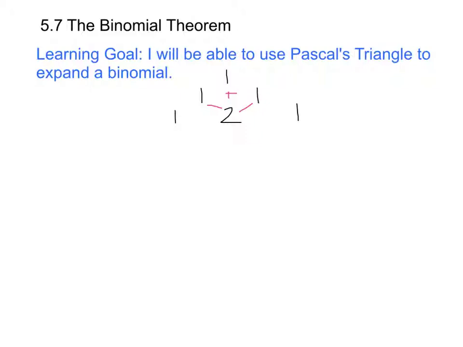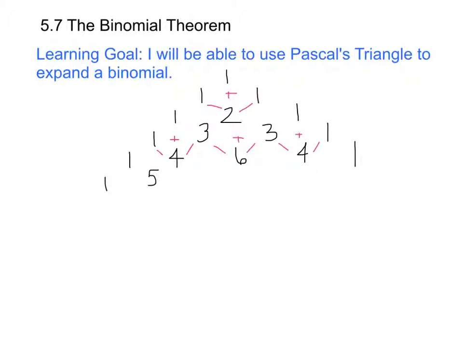Okay, then it goes 1, 3, 3, 1, and here again, the 3 comes from adding 1 and 2, and then it goes 1, 4, 6, 4, 1, and the 4 and the 6 come from adding. And even on this side. And you just keep going.